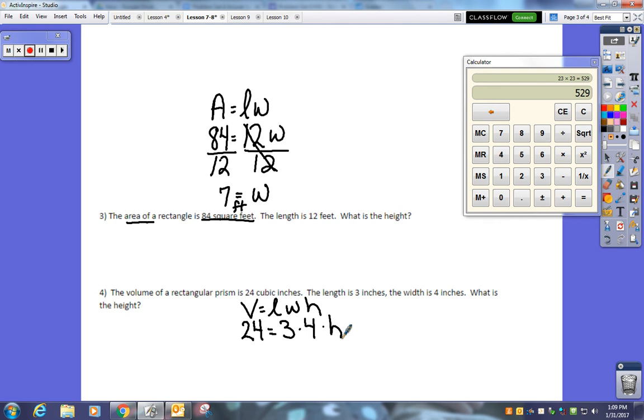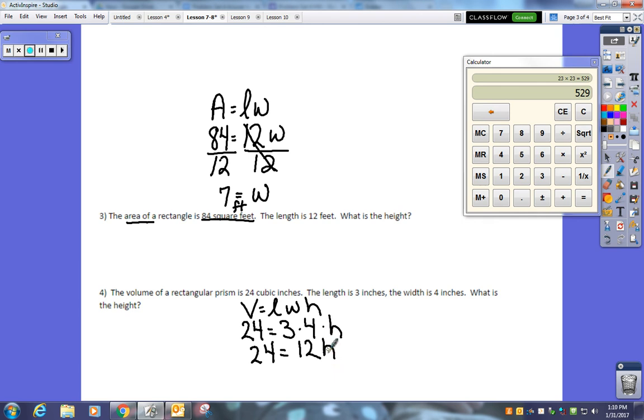In this case, it's going to be very similar to what we just did, but on the right side of the equal sign, we can actually do some multiplication first. So I would keep my 24, I would do 3 times 4, which is 12, and multiply that by h. Notice I'm taking out the dot because I'm just writing 12 times h.